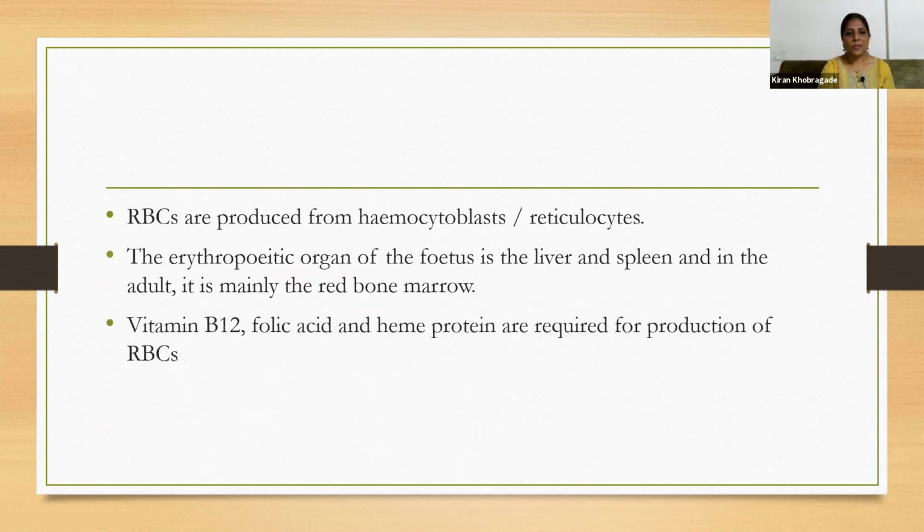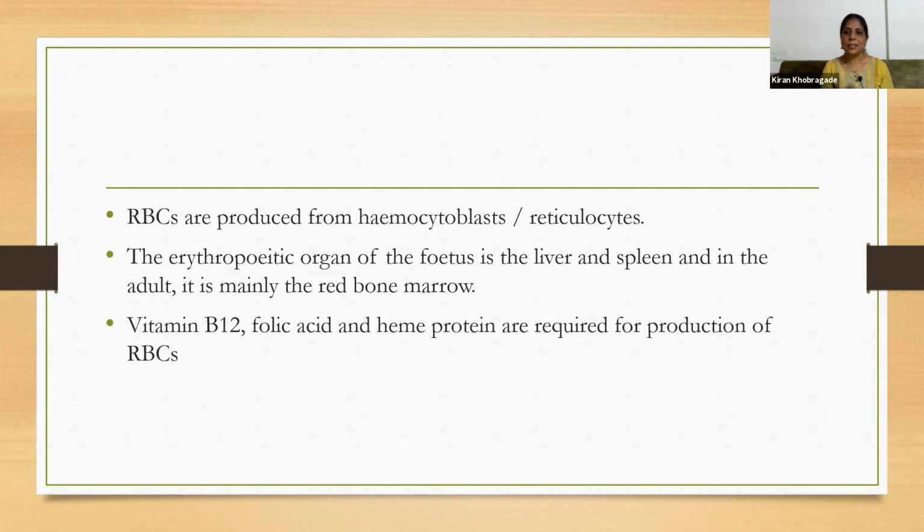Now, where are RBC cells produced? RBC cells are produced in the hemocytoblast, or they are also produced in the reticulocytes. Hemocytoblast means what? They are the major stem cells, and from the single stem cell, different types of blood cells are formed. As I said, WBCs, RBCs, platelets.